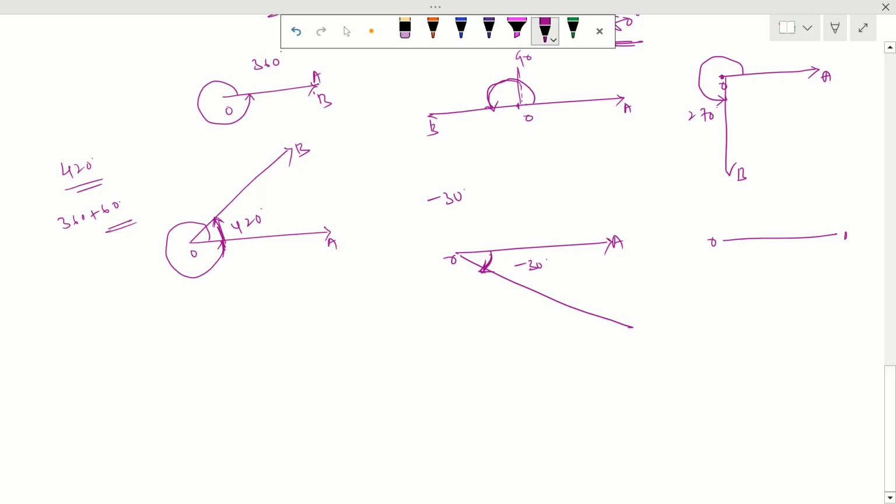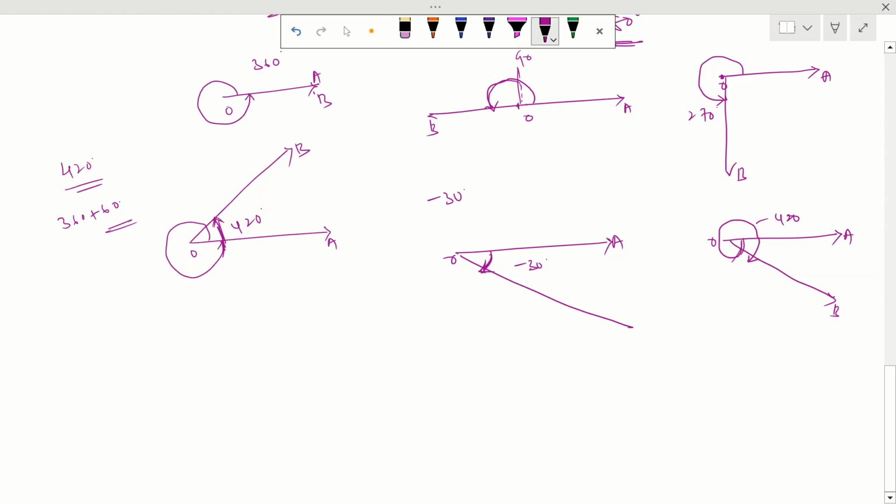Suppose this is point A on ray OA, and we measure in the clockwise direction. Then 360 is complete, and again 60 degrees, so 60 degrees means here. We will have the B point here. So this is minus 420 degrees.